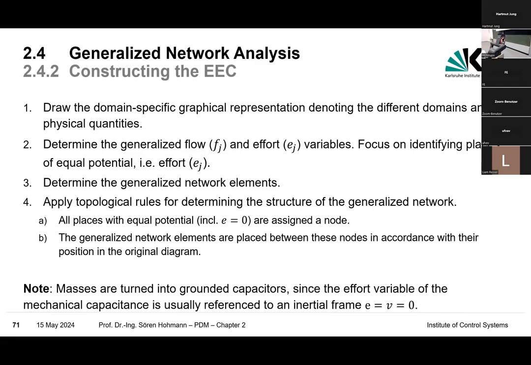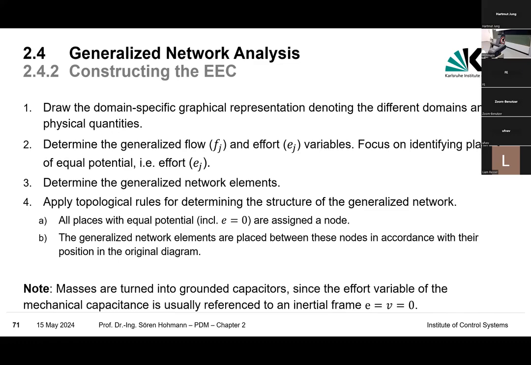So, what are the steps? First, draw the domain-specific graphical representation denoting the different domains. You should take care of the different domains. Okay, that's clear. Then you define generalized variables in the network. That's the very same as you know from electrical engineering network analysis, where we wrote the currents and voltages at every branch.